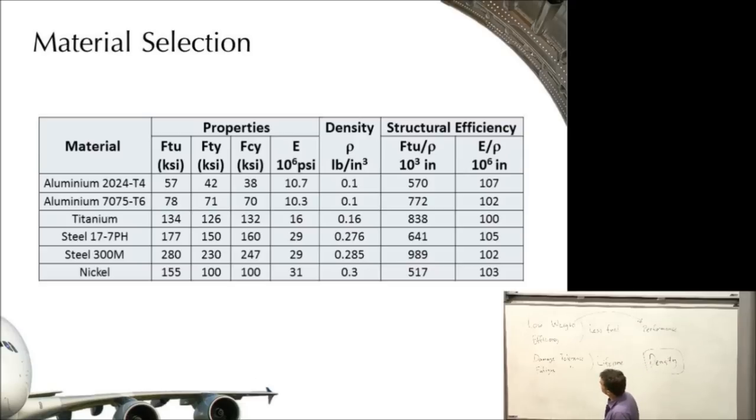Now, if we look at the specific modulus, so the Young's modulus divided by the density, steel 105, 102, aluminium 107, 102. Okay, there's basically no difference between the modulus. And strength, steel's potentially even a bit stronger specific strength.